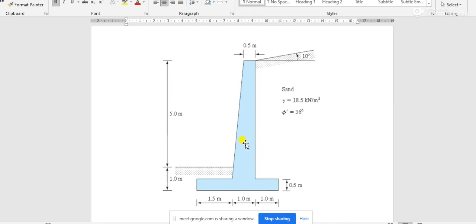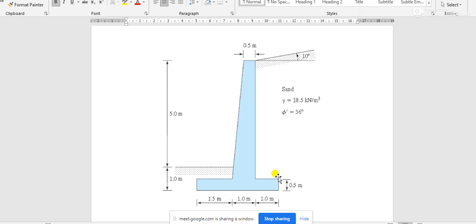That means the area multiplied by length of the retaining wall multiplied by the unit weight of the retaining wall. Sorry, this is the unit weight of the retaining wall, and the area of soil multiplied by the length and multiplied by the unit weight of the soil. That is the total weight of this part of retaining wall plus the integrated part of soil.